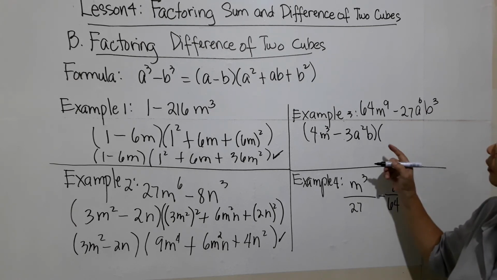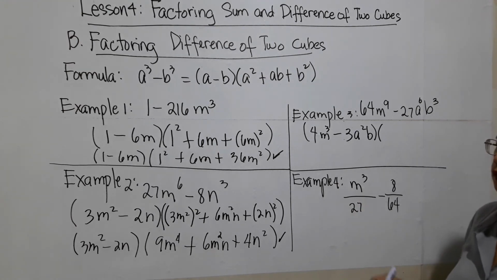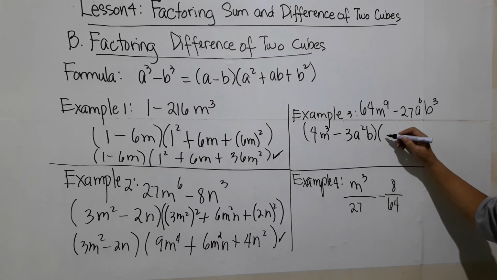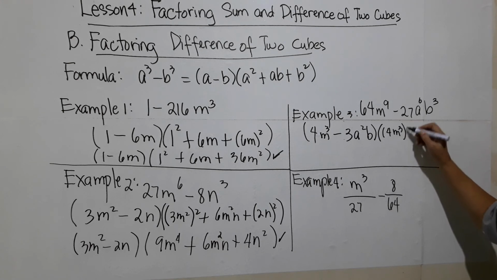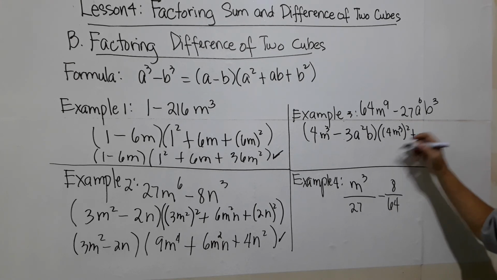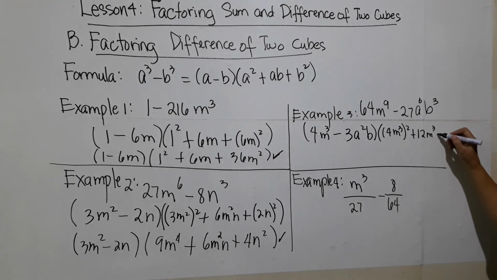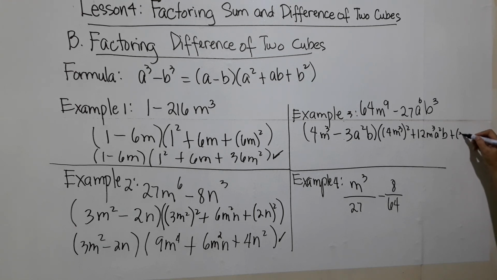Okay, the second factor will be based on the first terms in the first factor. So following the formula, a squared means 4m cubed raised to second power, plus ab, multiply the first and the second terms, 12m cubed a squared b, plus b squared is 3a squared b raised to the second power.